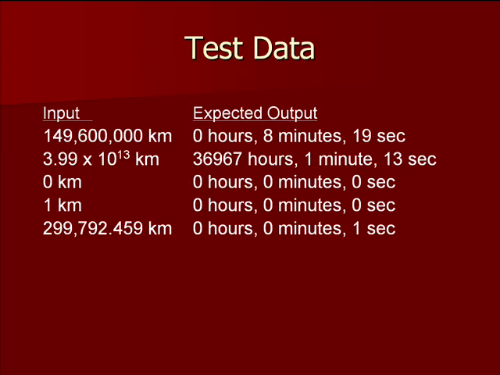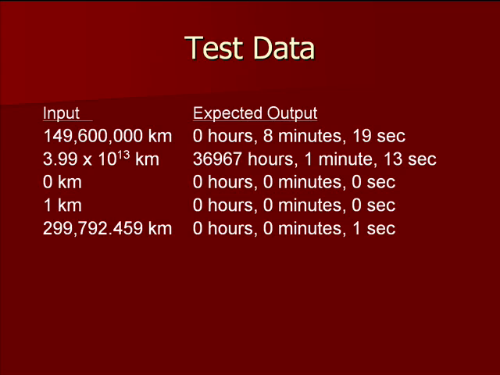And before we get started, it's always a good idea to write down test data for our program. So in this case, I've written down some example inputs and the expected output. One of the things you want to do when thinking about test data is to test not only valid inputs, but test the boundaries of those valid inputs.